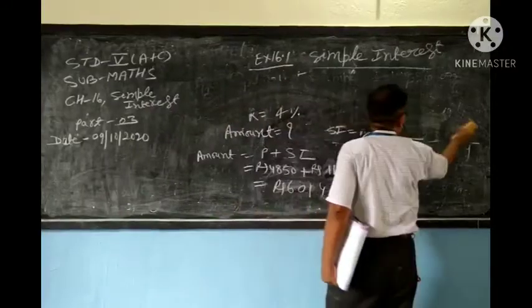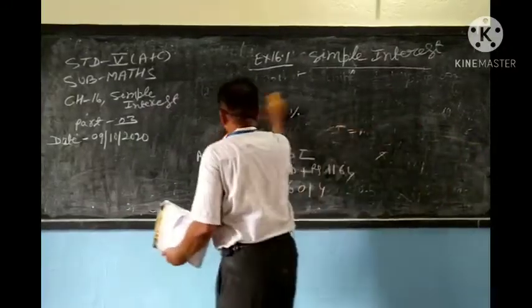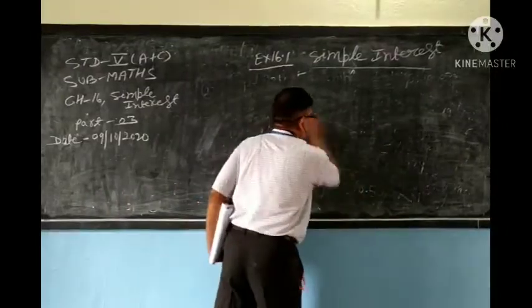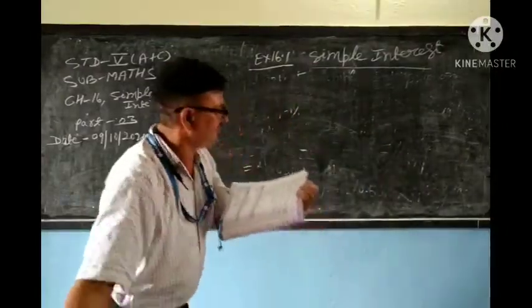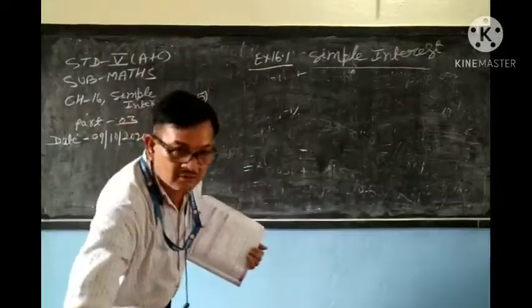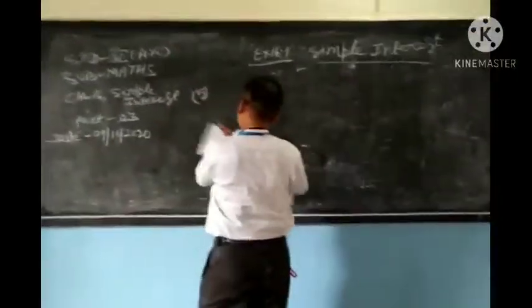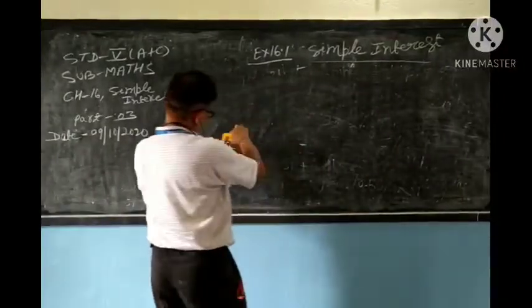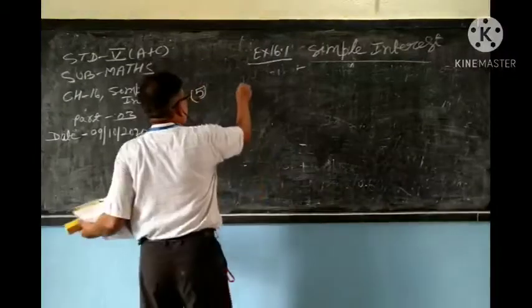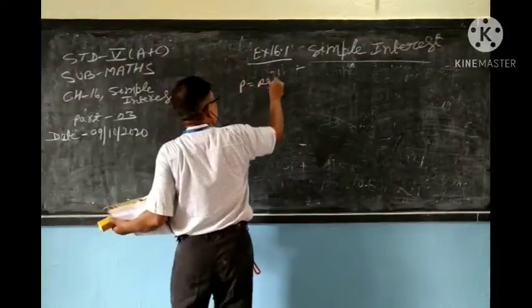Now question number 5. Find the amount received by Raju. P is equal to rupees 4400.